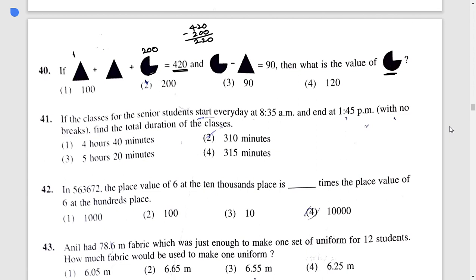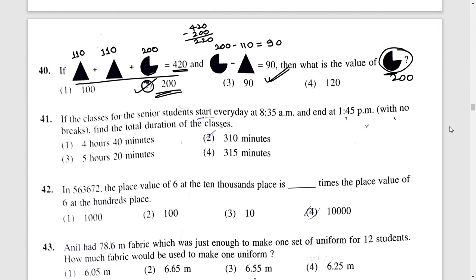So take one triangle value as 110. So if I take these values, this should be correct. 200 minus triangle value 110 will be what now? 90. So this is correct, means whatever we have taken this value as 200, that is correct. So option B is the correct answer here.